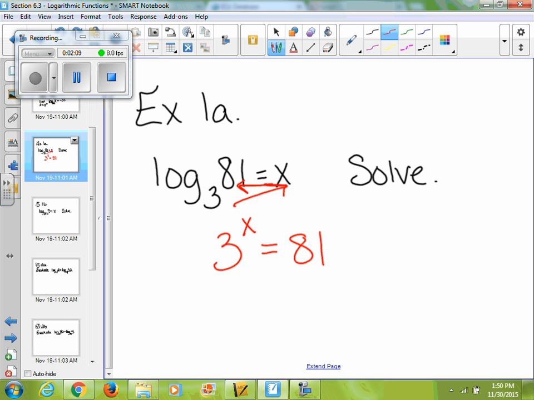You work in a zigzag pattern when working with logs. So, 3 to what exponent is equal to 81? 3 to the 4th is equal to 81, so x is equal to 4.